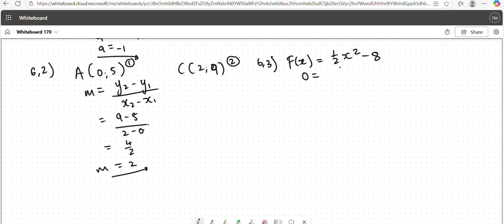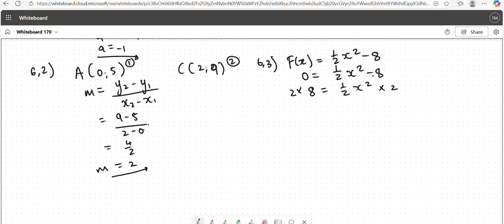We just substitute 0 for y. And you take this 8 over. It's a positive. You times by 2 on both sides, to get rid of this half.